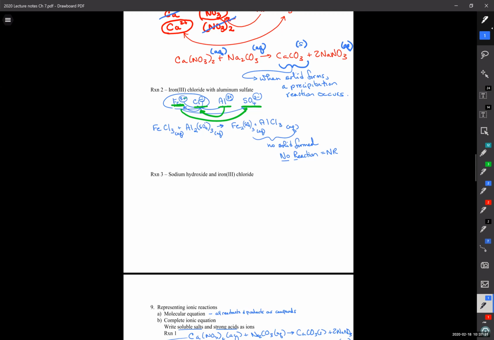So does that formula look right? Are those subscripts in the right place? Oh no, that's wrong. Yeah, that's why you can't balance it. That's what I was saying before: when you write the formulas and you can't balance it, go back to the formulas because there's probably something wrong with the formula.